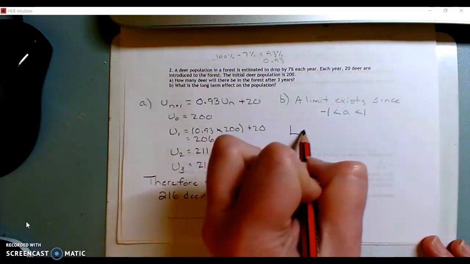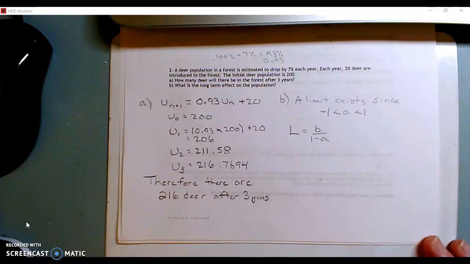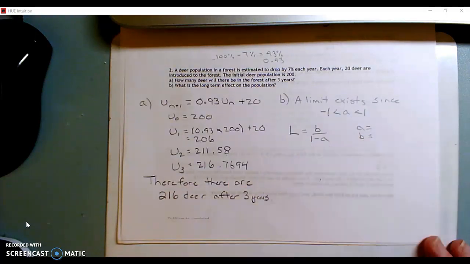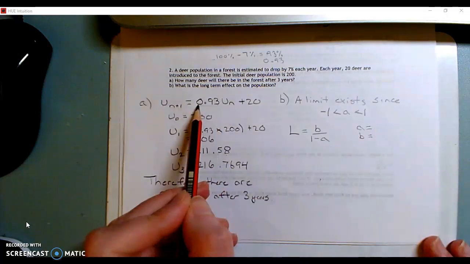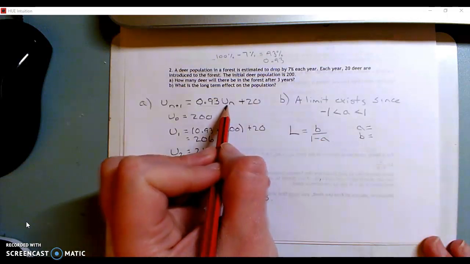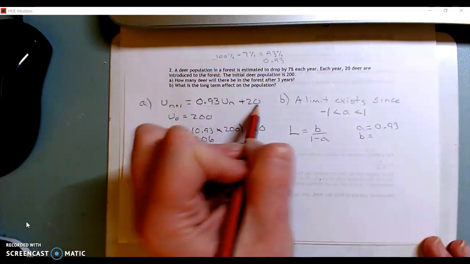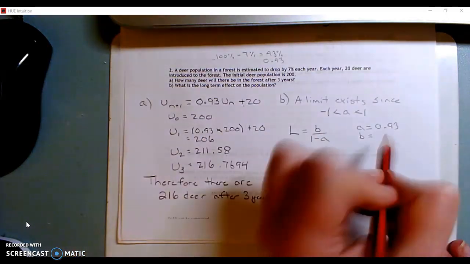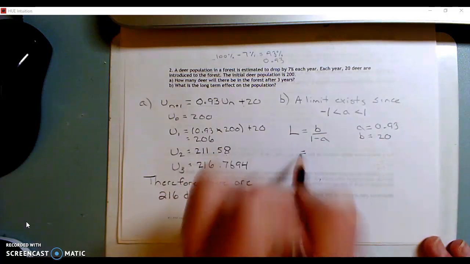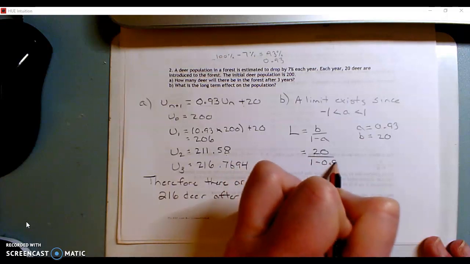So we know that L is equal to B over 1 minus A. Looking at what our A value is and our B value, our A value comes from the value in front of Un, so it's 0.93. Our B value is what's added or subtracted on the end, so here it's positive 20. We will substitute this in, so 20 over 1 minus 0.93.